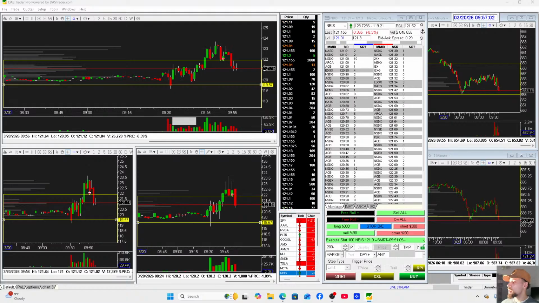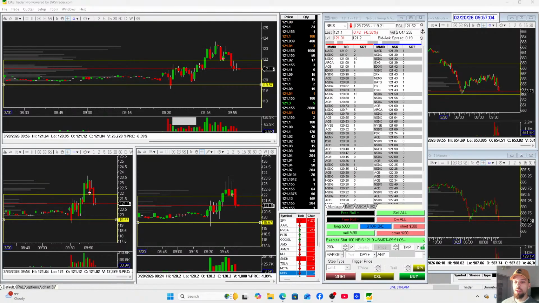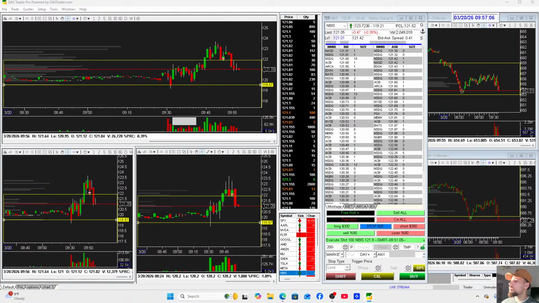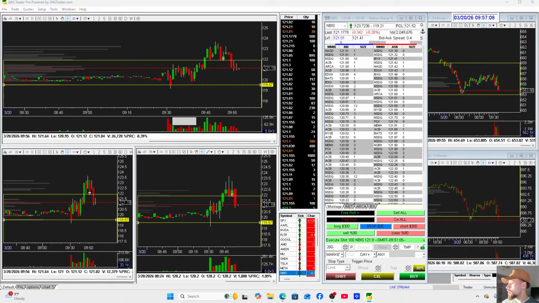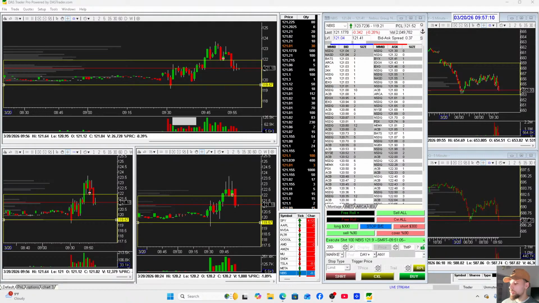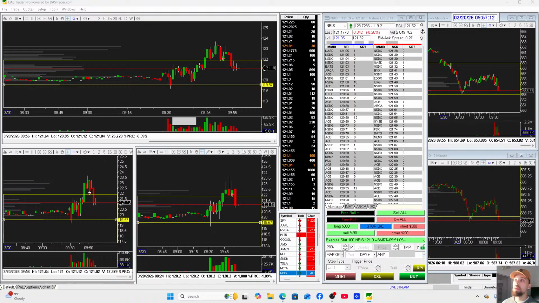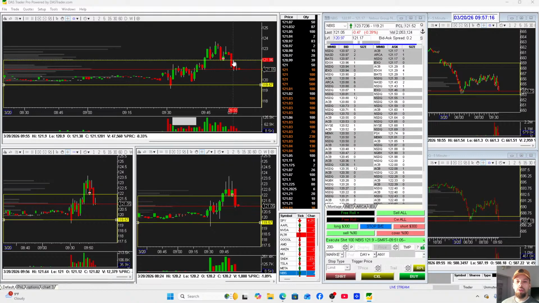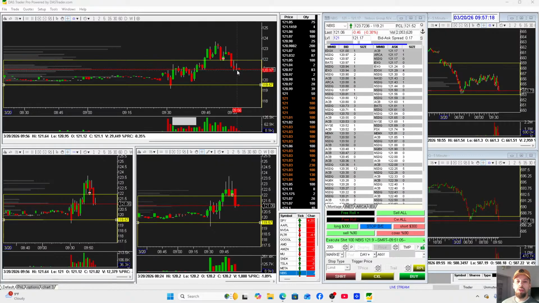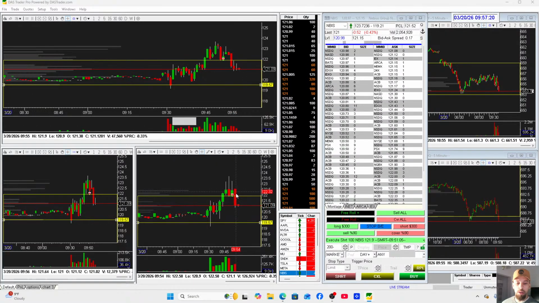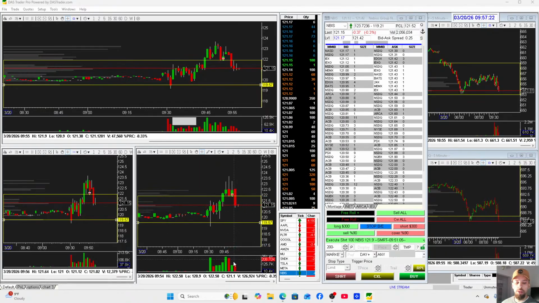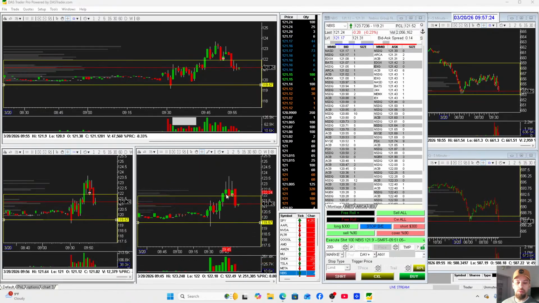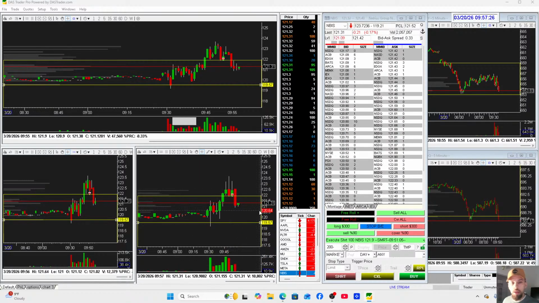SanDisk ran that range very nicely. Let's see. MU did as well for the most part, got close to it. So it looks like we're trickling down. We keep seeing a little bit of buying pressure, but it keeps getting sold off, so that's nice for me. 3 minute here, nice big red candle, volume's average, but we do like a big red candle like that.